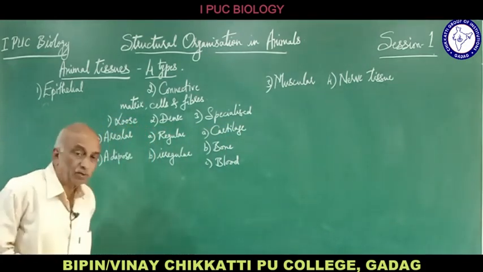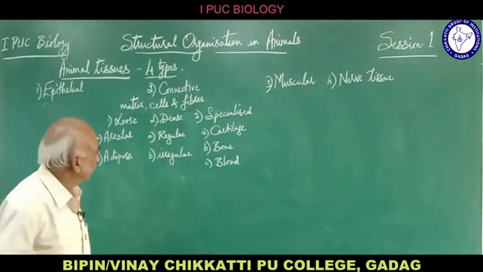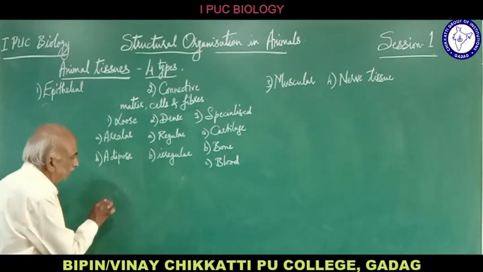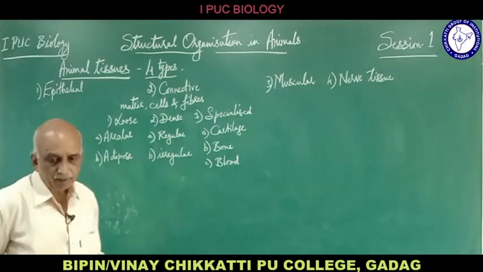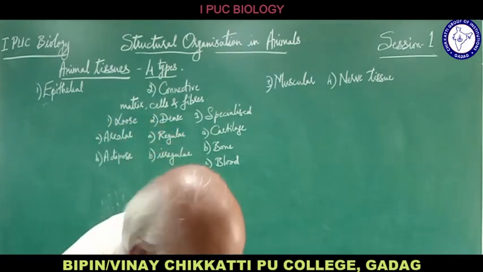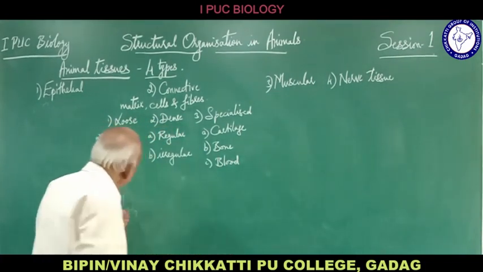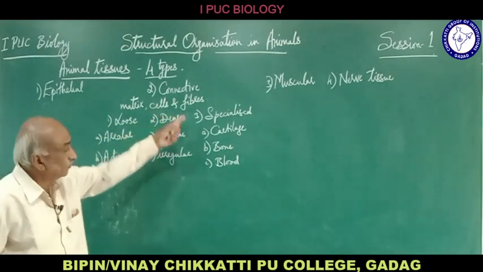Now coming to its composition, what it contains. It contains the matrix or the ground tissue. This matrix contains cells and fibers.